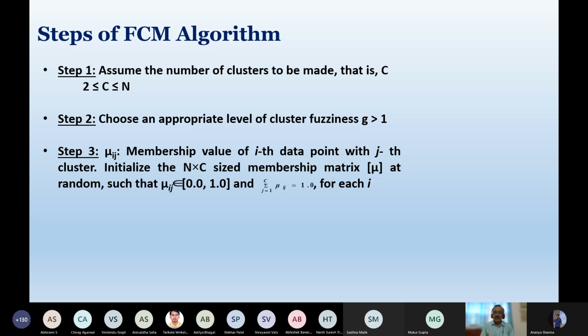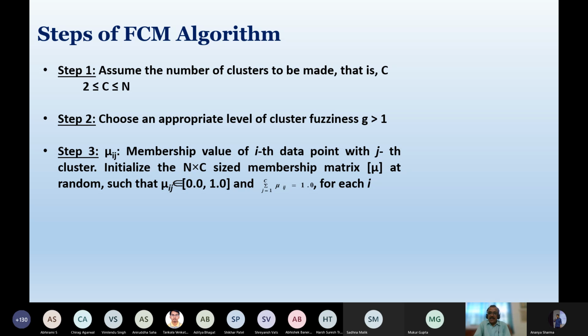And as I told, we are going to start with randomly generated membership function values. So one matrix for the membership function values. Then we'll try to find out the cluster center using the information of these membership values. And we'll try to recalculate the membership function values, or the modified values of membership.